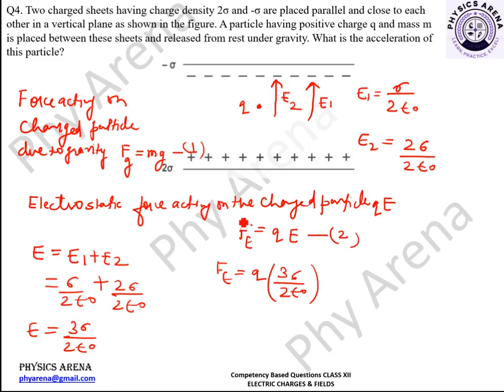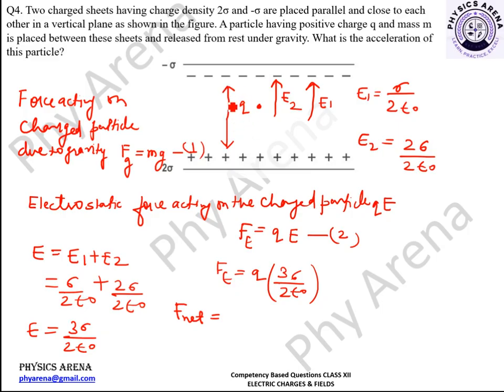Now the net force, F net, acting on the charge particle is the vector sum of these two forces. The force due to gravity will be acting in the downward direction. And since it is a positively charged particle, the electric field, which is in the direction of the negatively charged sheet, will be taking the particle in the upward direction.